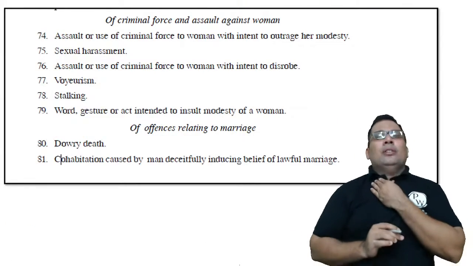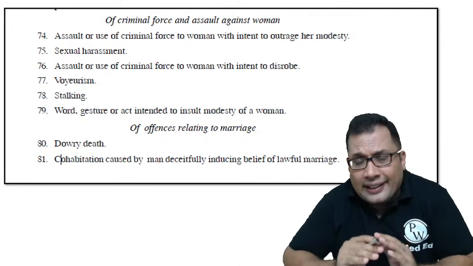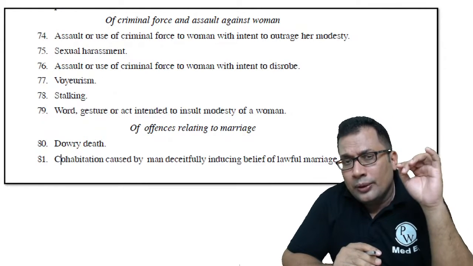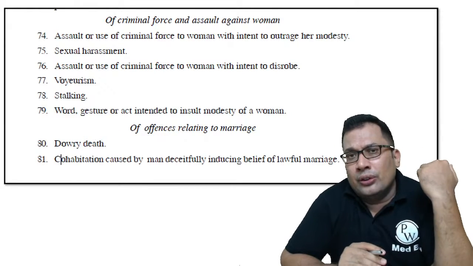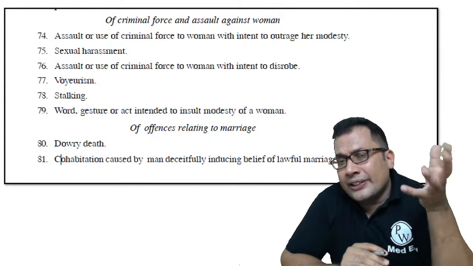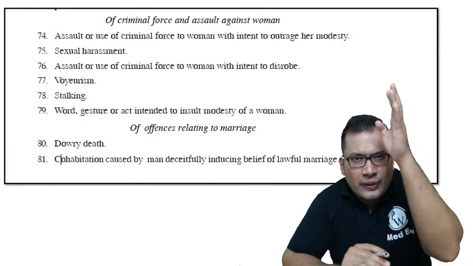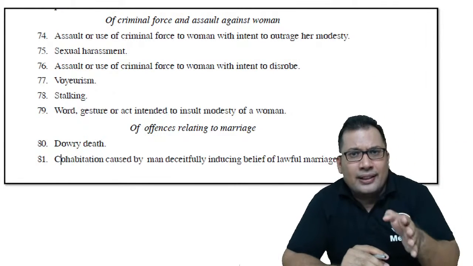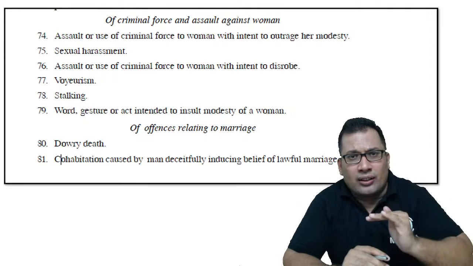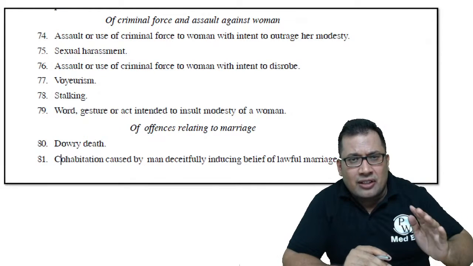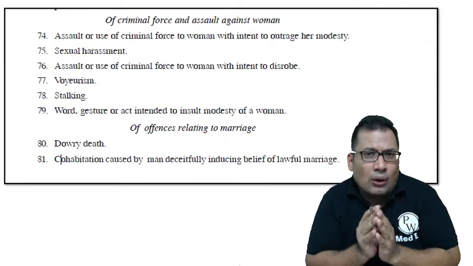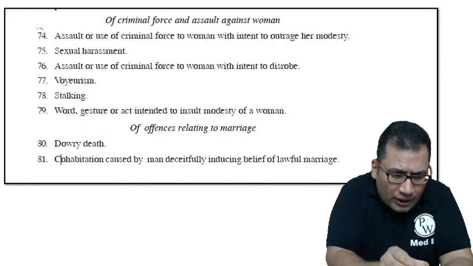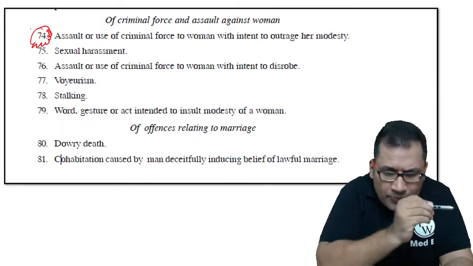we are talking about some important BNS sections related to criminal force, applying criminal force on a woman, or assault against women. All the sections that come under the same folder, like 63, 64, 65, 66, 69, 70, like that. 74 now. What is 74 BNS?